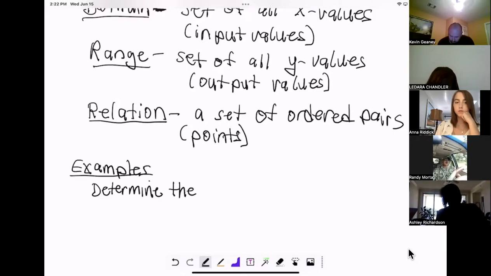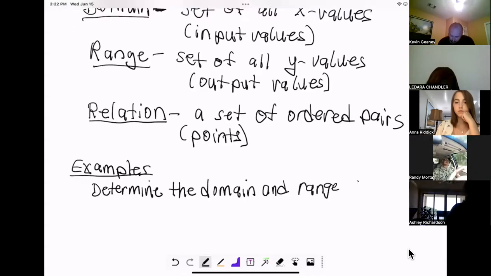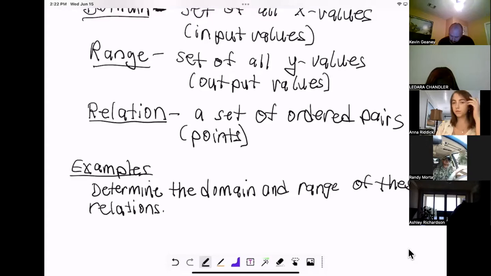Determine the domain and range of these relations. That's how you're going to hear it said. They'll call them relations. Now that you know what a relation is, it's a set of ordered pairs.